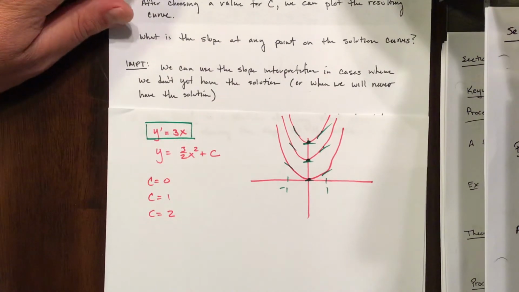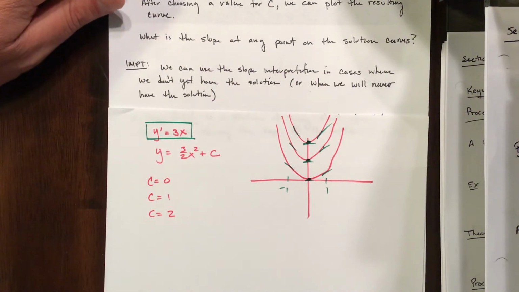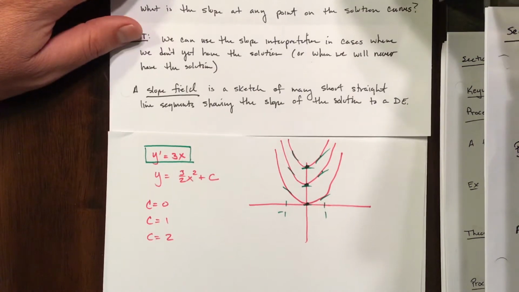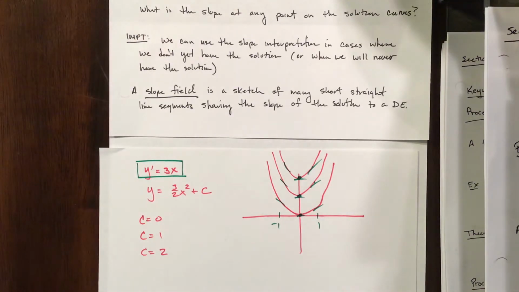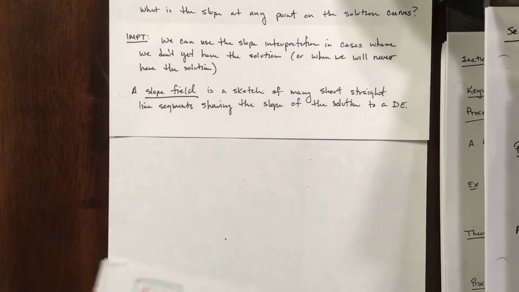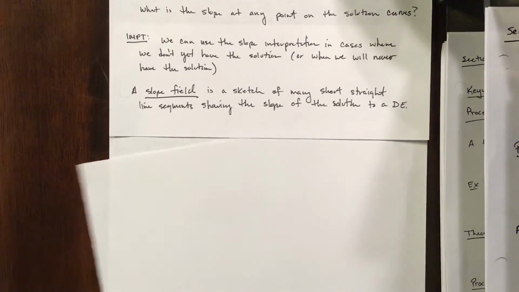So in those cases, we can approximate a solution by looking at what's called a slope field. A slope field is a sketch of many short straight line segments showing the slope of the differential equation, of the solution to a differential equation. Let me turn this page upside down.